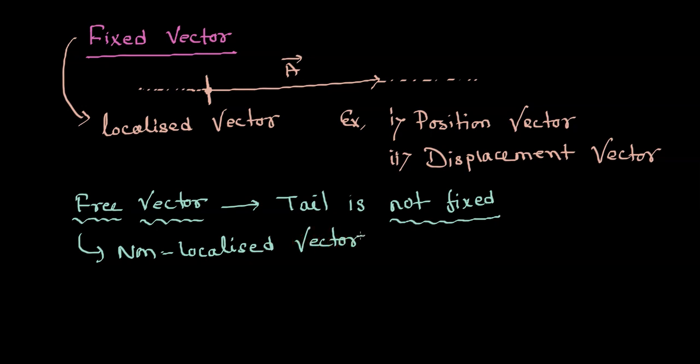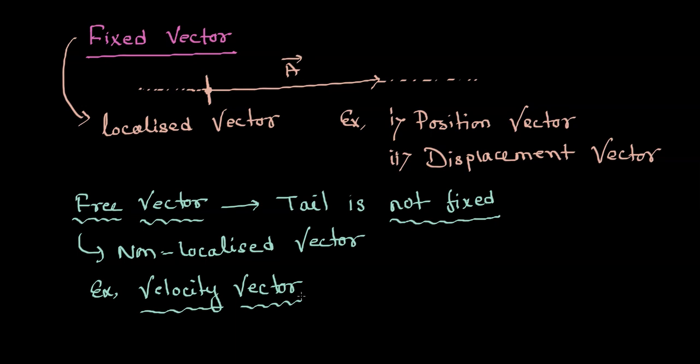So velocity vector is an example of a free vector. Right? It is clear?